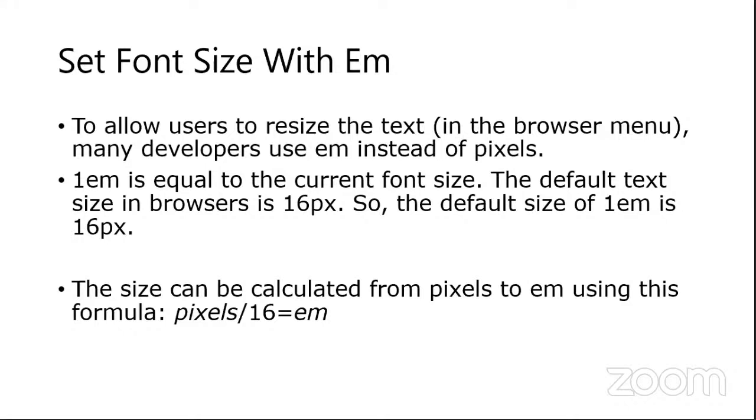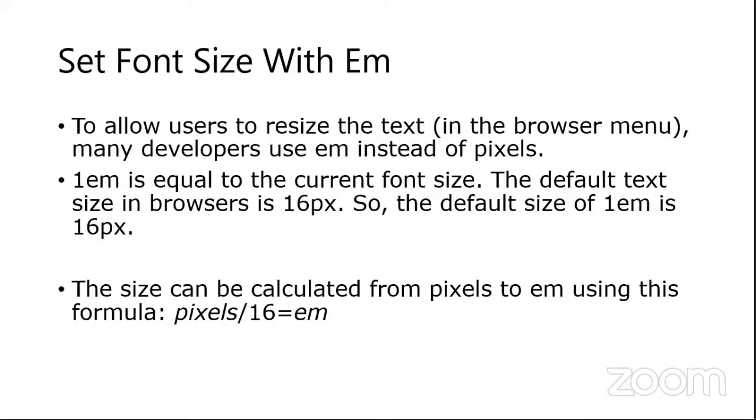Set font size with EM. What is EM? It allows users to resize the text in the browser menu. Many developers use EM instead of pixel. 1 EM is equal to the current font size. The default text size in the browser is 16 pixels, so 1 EM is 16 pixels by default.